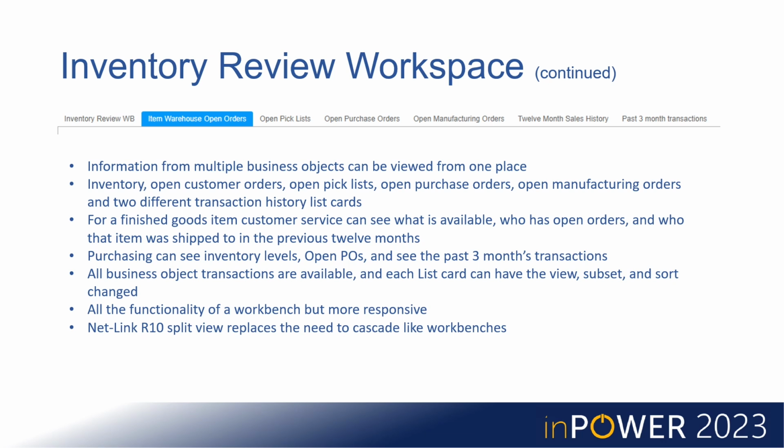So the idea here is that for finished goods, customer service can go in here and see what's available, who has open orders, and who has a pick list open with items scanned to it already, what's already picked, and who it's going to.